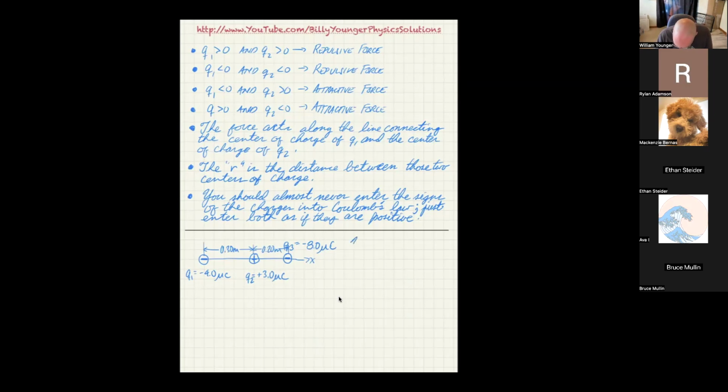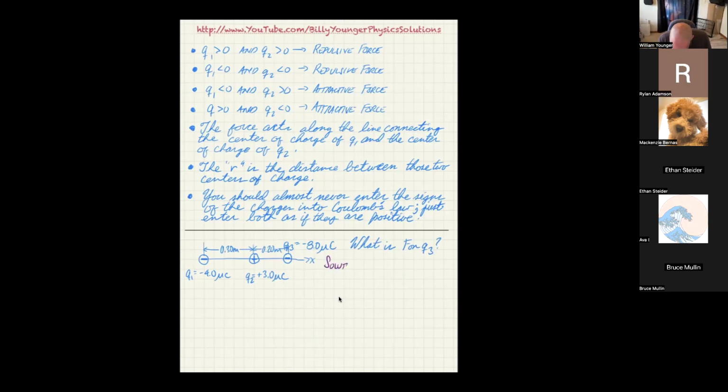So what is F on Q3? Okay, so the solution goes like this.